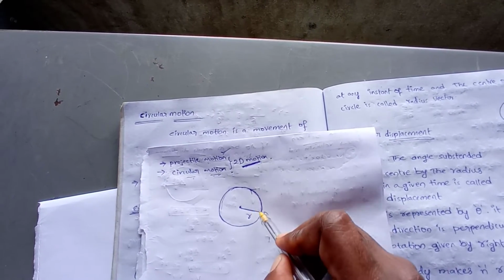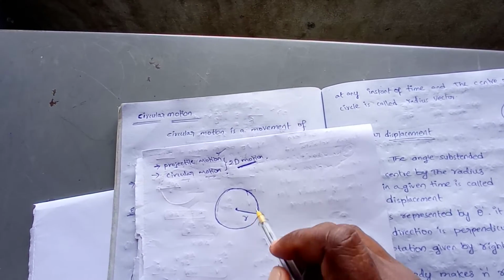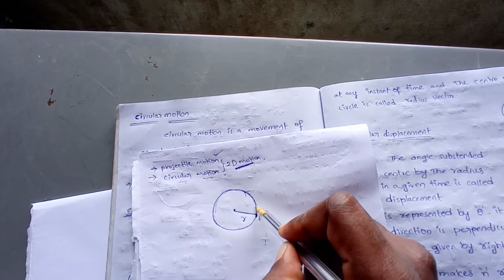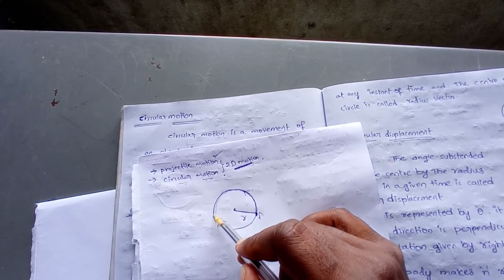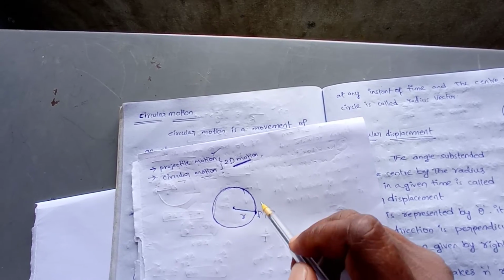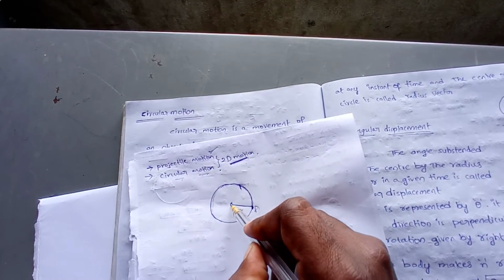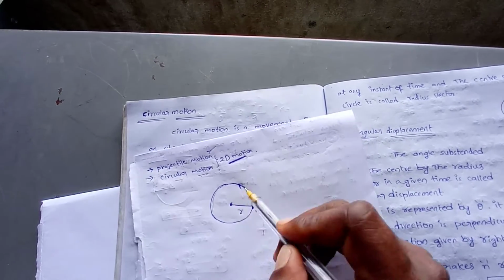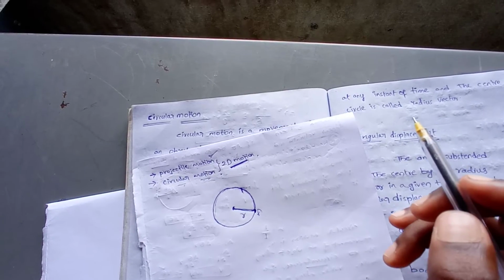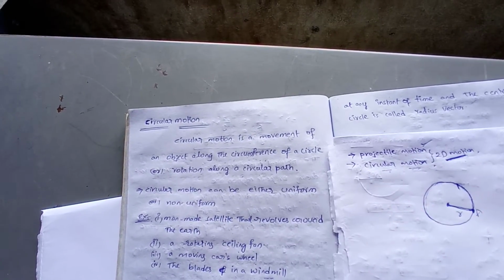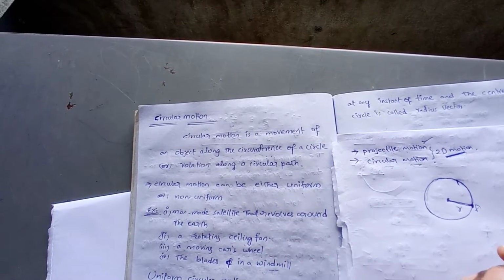Suppose this is a body or object that starts at this point A. So the motion of the body along the circumference of the circle, that is called circular motion. Okay, this is the center of the circle. This is a radius vector. Okay, this circular motion can be either uniform or non-uniform.